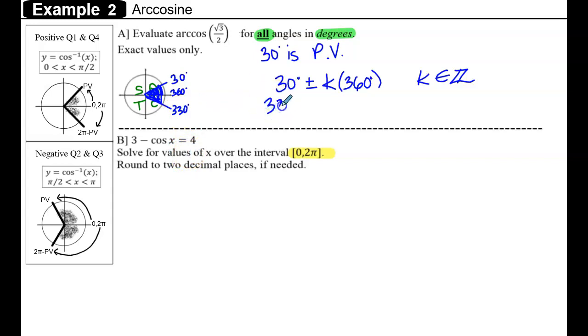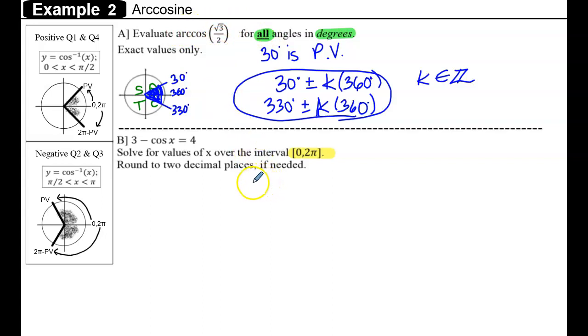So 330 degrees plus or minus k times 360, where k is an element of the integers, would be the other expression. So these two expressions together represent all angles in degrees that evaluate for the arc cosine of √3/2.